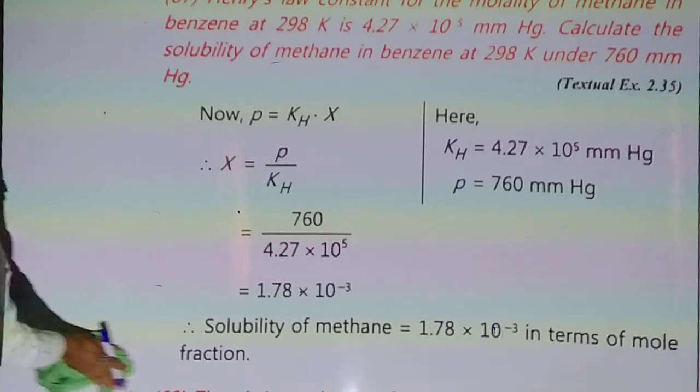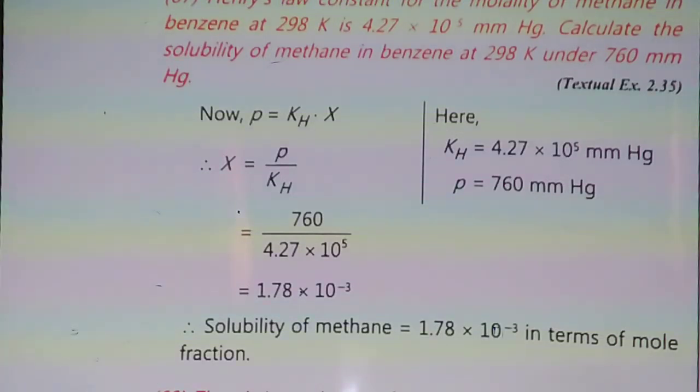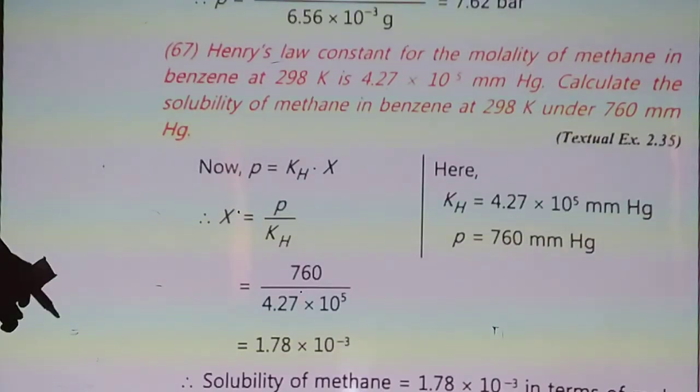Henry's law constant for the molality of methane in benzene at 298 Kelvin is 4.27 × 10⁵ millimeter of mercury. Calculate the solubility of methane in benzene at 298 Kelvin under 760 millimeter of mercury.